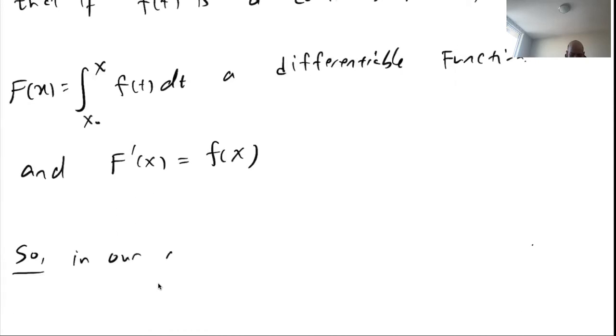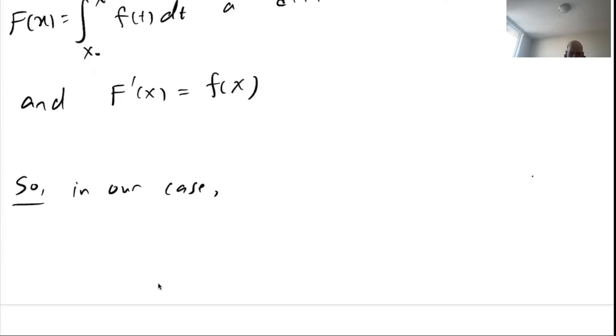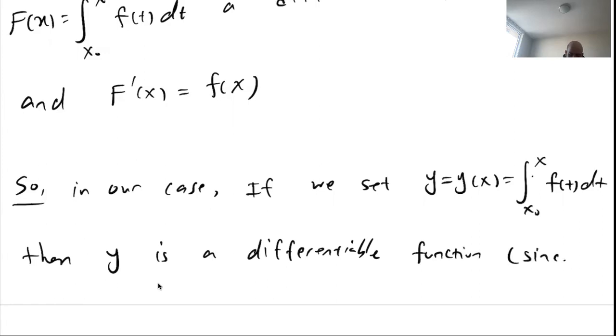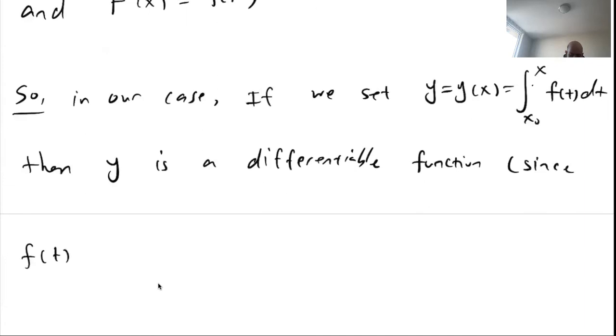In our case, if we set y equals y of x equals the integral from x0 to x of f of t dt, then y is a differentiable function, since f of t is assumed to be continuous.